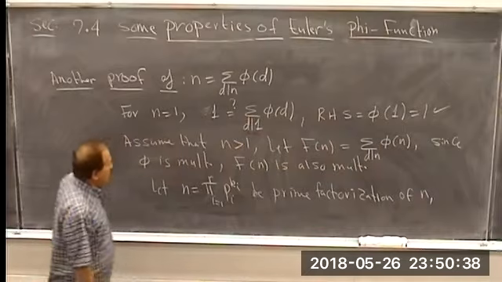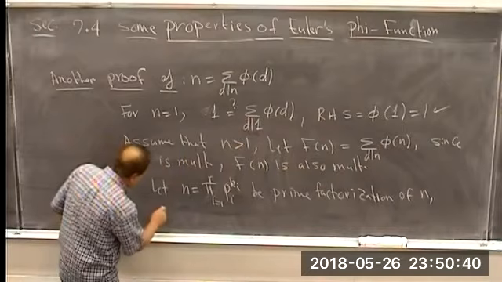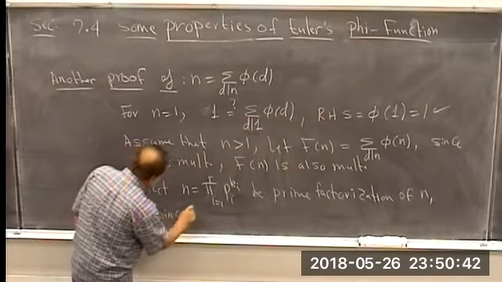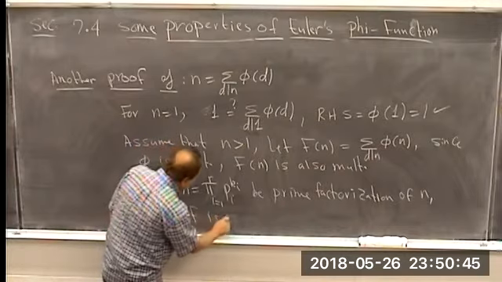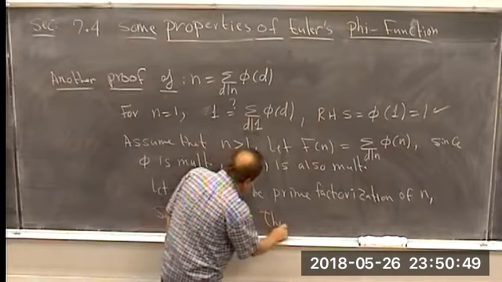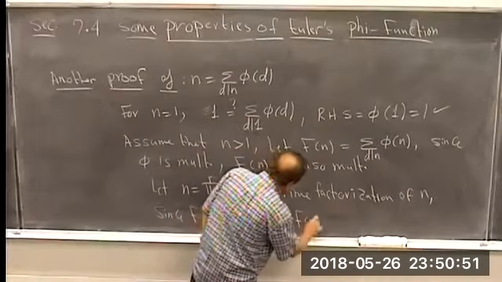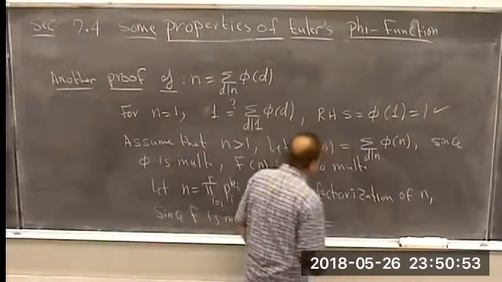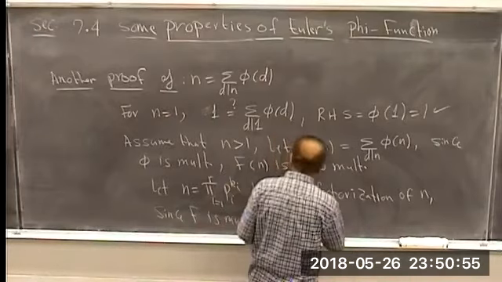Now, since f is multiplicative, f of n is f of all of this.